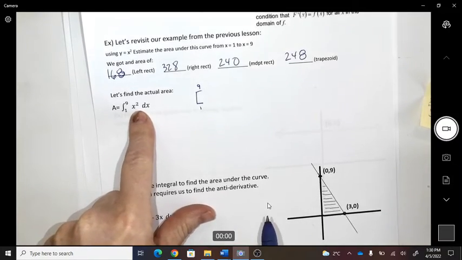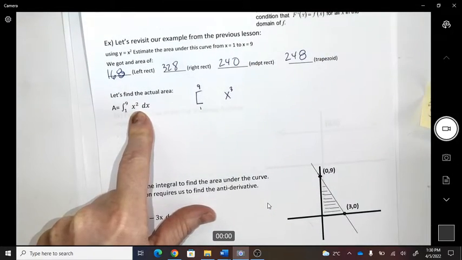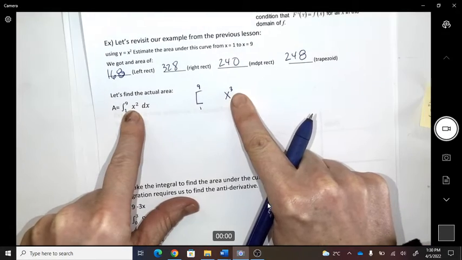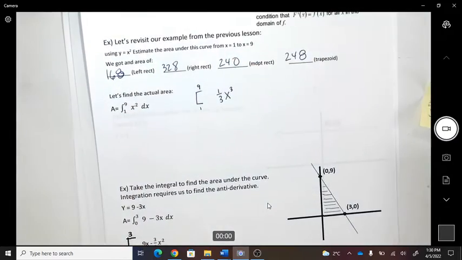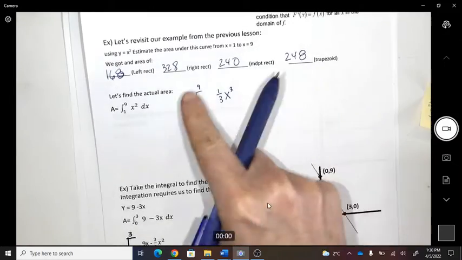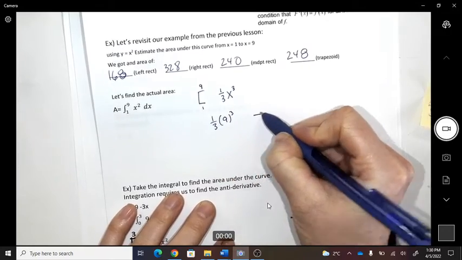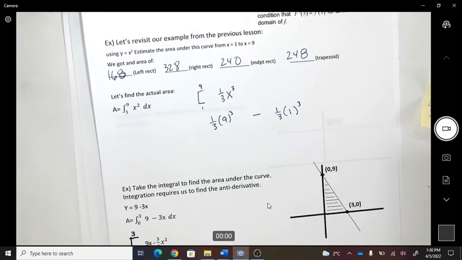Okay, so this equation, I have to go up one, so it's a cubic, and I take what was in front and divide by this. There was a 1 in front, and I divide by that. Now to get the area, I plug in a 9, subtract, I plug in a 1.